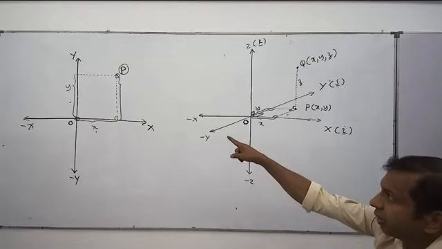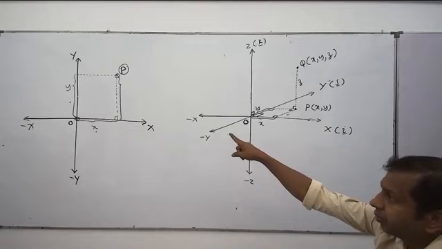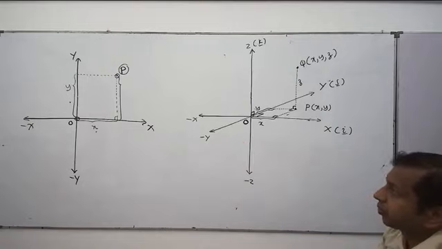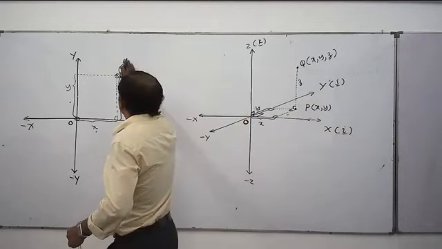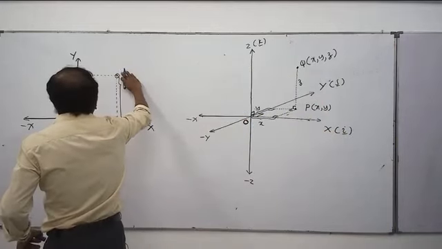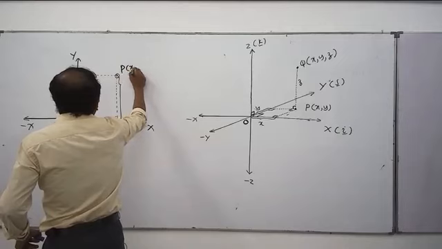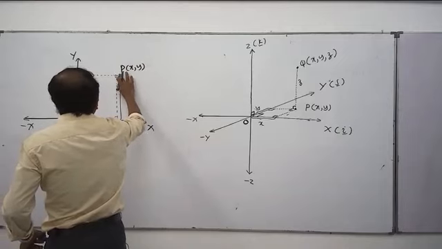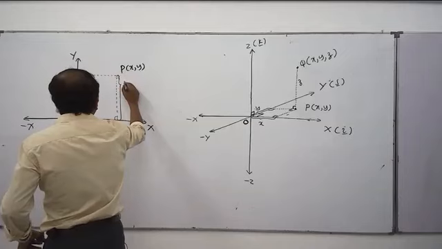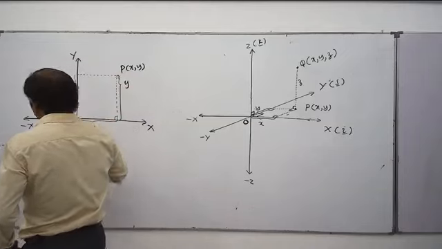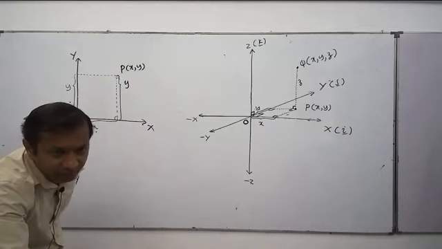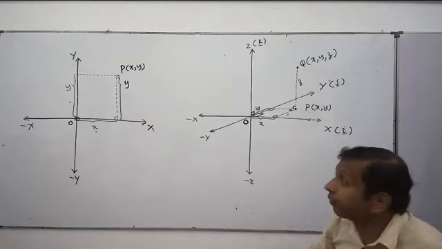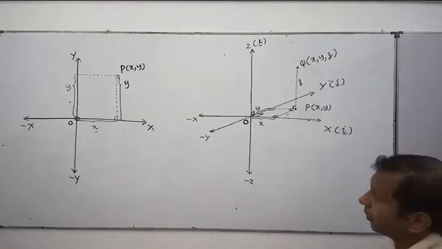Right, so draw this diagram. First diagram. For this point P, x comma y. Okay, now write down, people.